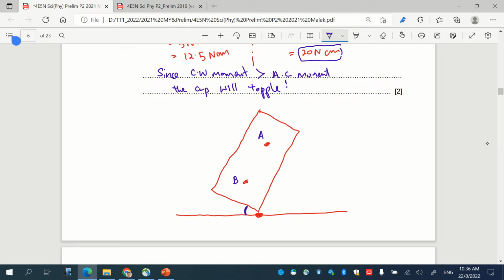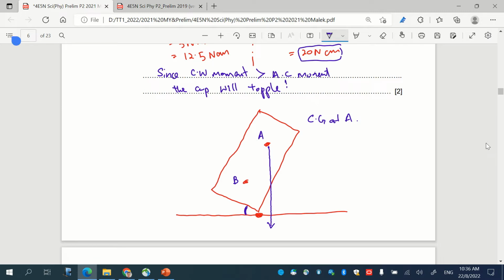Let's say the CG is at A. Will the box topple? Let's draw the vertical line of action of the weight. If CG is at A, the weight will be acting here, this way down.